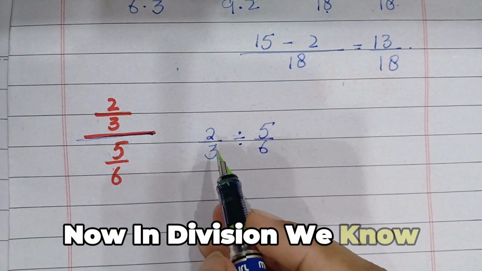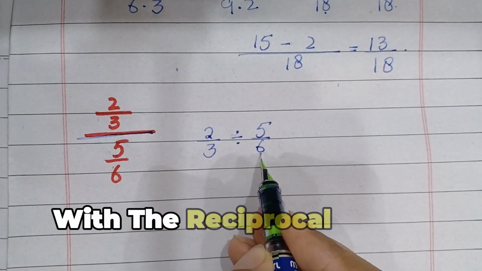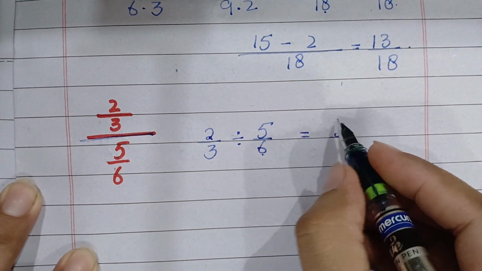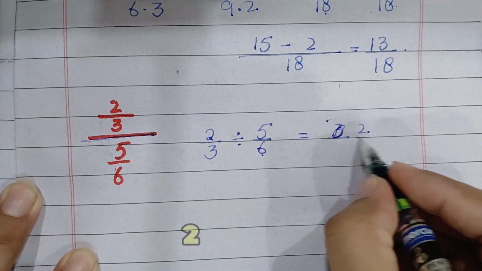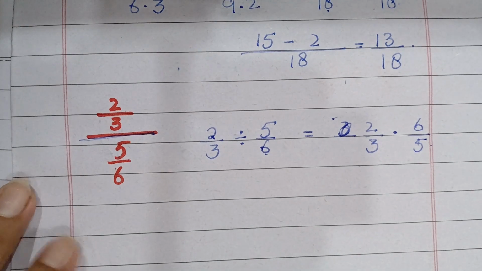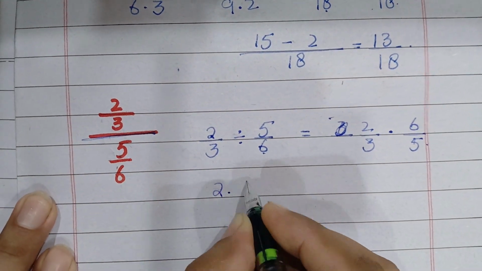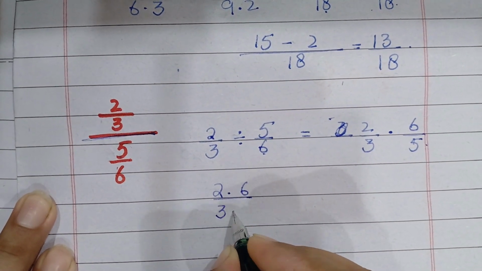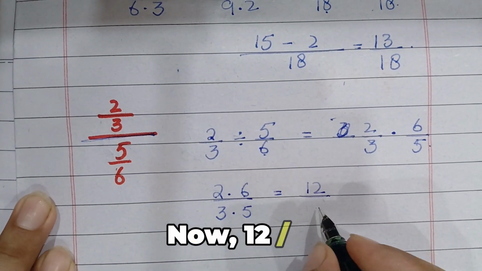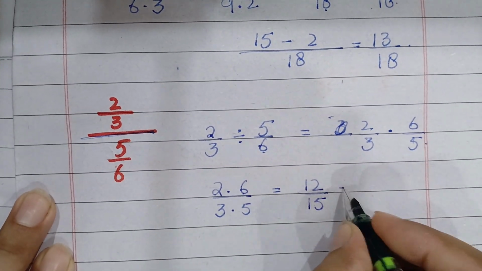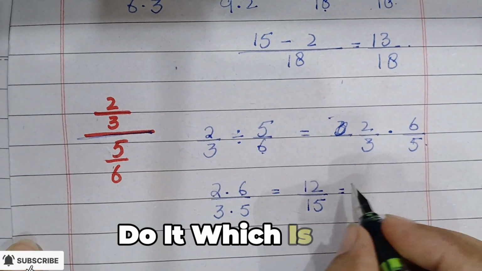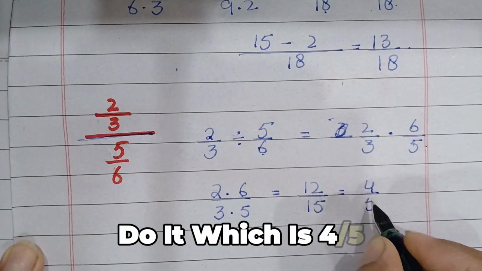In division, we multiply the first fraction with the reciprocal of the second. 2/3 multiply 6/5. Now multiply it. 2 multiply 6, 3 multiply 5. Now 2 times 6 is 12 and 3 times 5 is 15. If simplifying is possible, do it. It is 4/5.